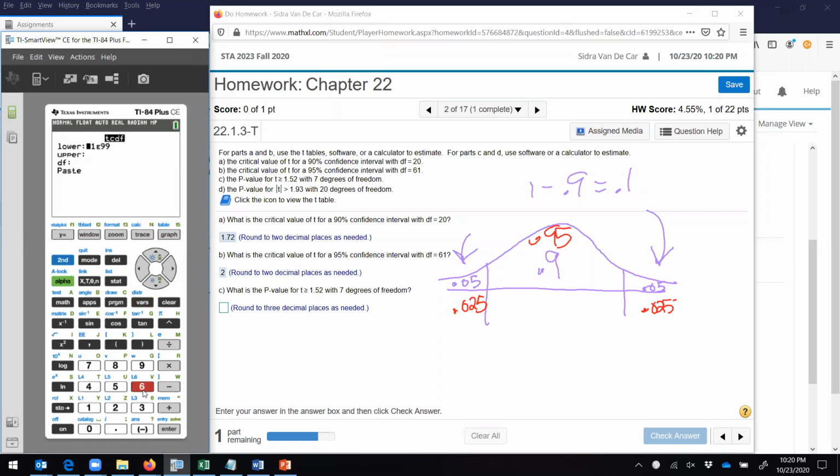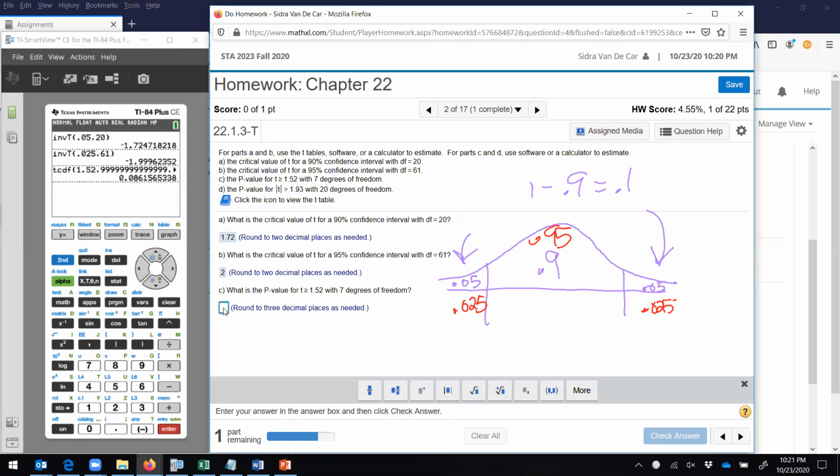So I'm going to choose option 6. I'm going greater than or equal to 1.52, so 1.52 is the lower. The upper is going to be a really big number. And my degrees of freedom are 7. And so it's 0.086.